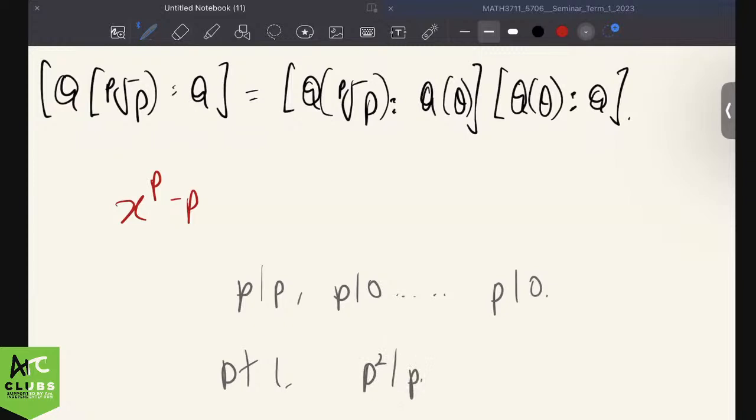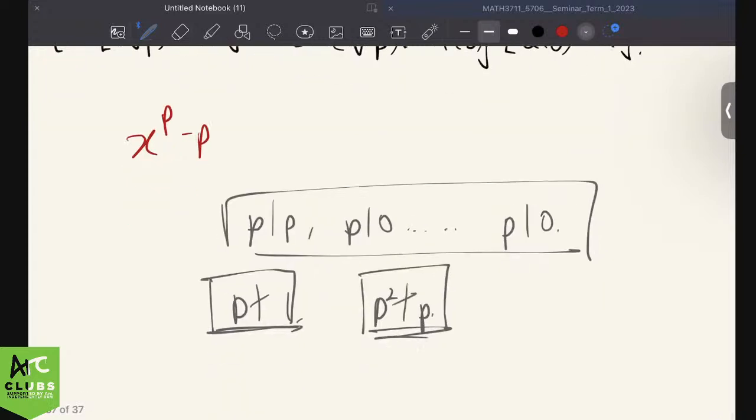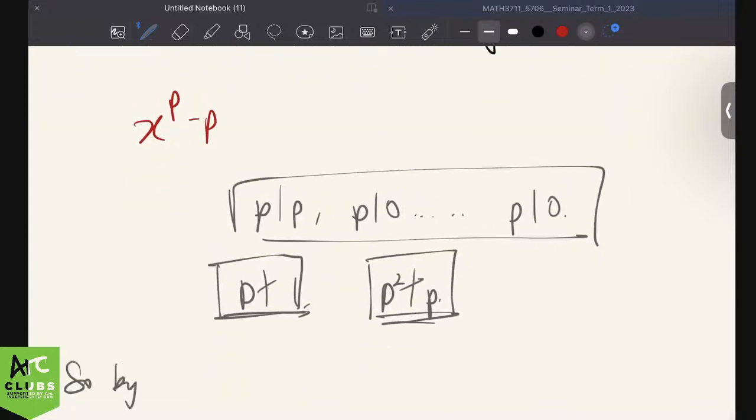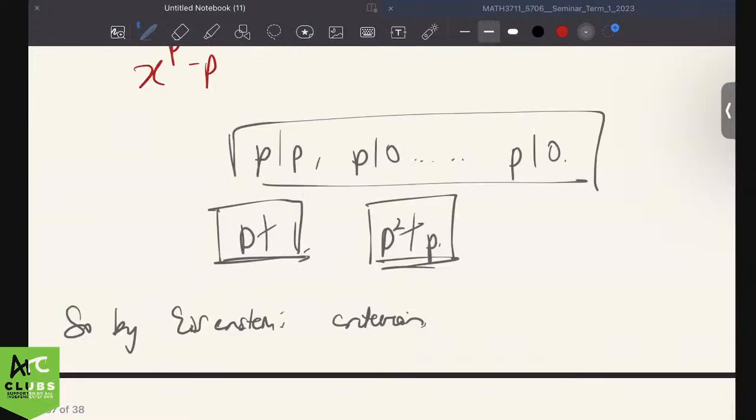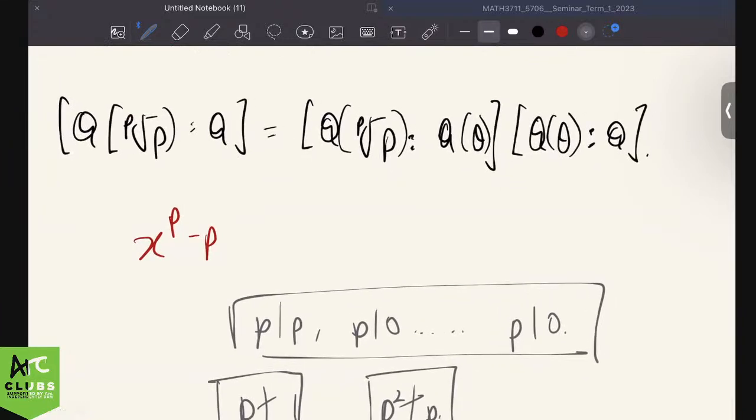So we've shown that all of the coefficients up until x to the power of p minus 1 satisfy this, but the square of the prime doesn't divide the last one. Okay, so by Eisenstein's criterion, irreducible. Sweet. Okay, so we've looked at that now.